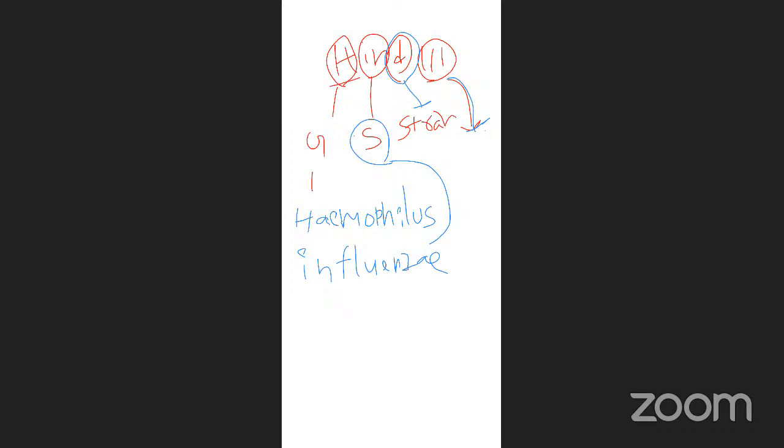Next one, recognition site. Already told you restriction enzymes recognize a specific sequence of nucleotides and produce a double-stranded cut in the DNA.